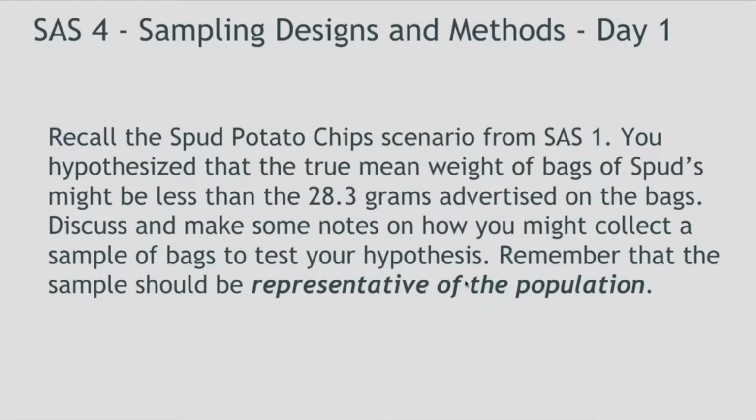All right, so let's recall the spud potato chip scenario from student activity sheet 1. You hypothesized that the true mean weight of bags of spuds might be less than the 28.3 grams advertised on the bags. Now, I want you to discuss amongst yourselves, or just take some notes, on how you might collect a sample of bags to test your hypothesis.